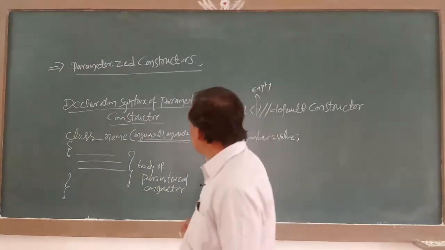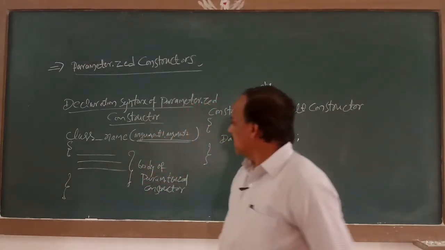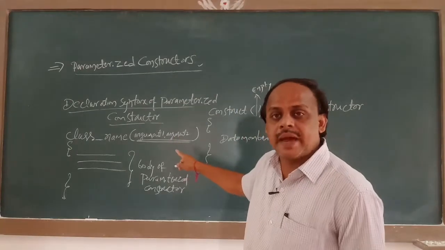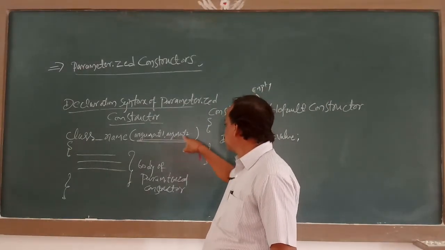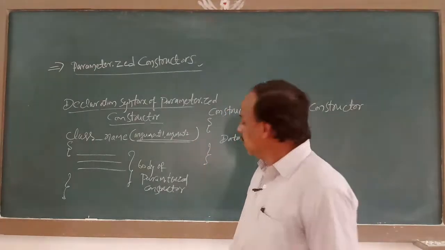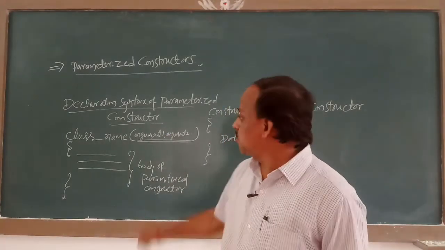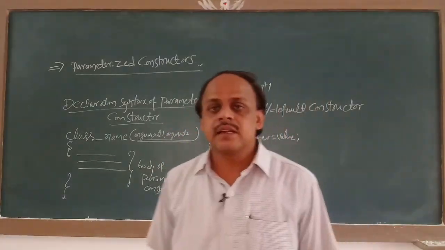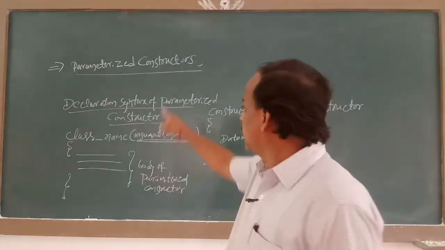But the constructor must contain a parameter list or argument list: argument 1, argument 2, so on, argument n. Depending on our program, we have to consider the number of arguments here. So this is the parameterized constructor.